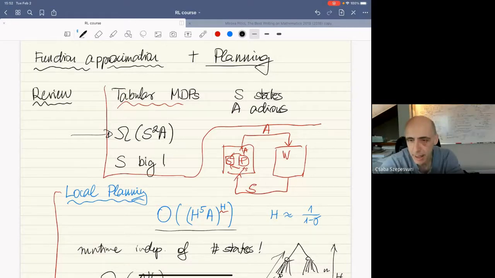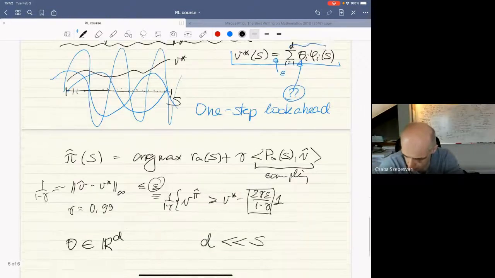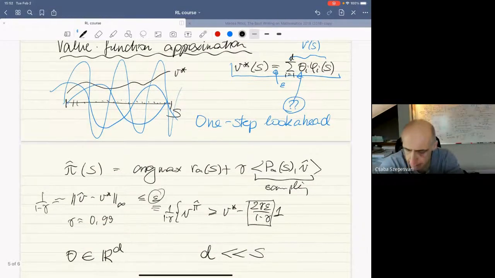A related reasonable question is, okay, fine, here we are betting on this linear expansion, right, that I'm showing here. Is this reasonable?